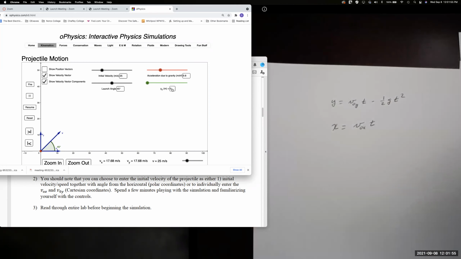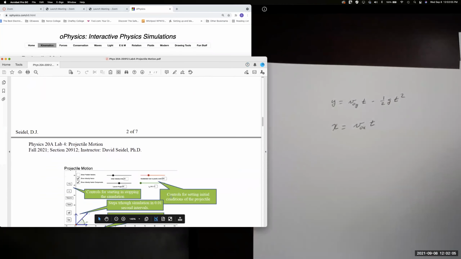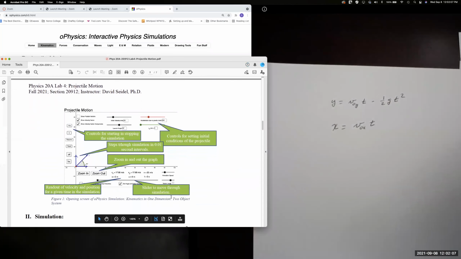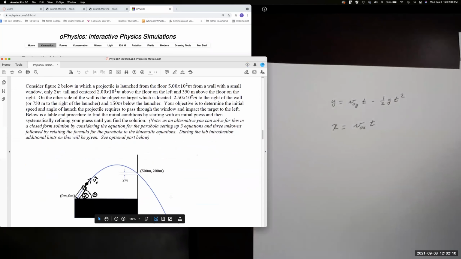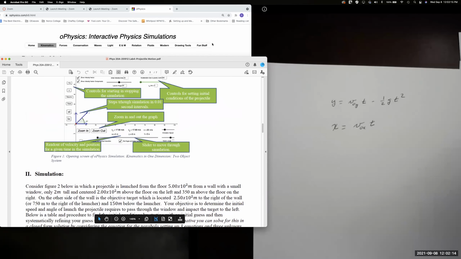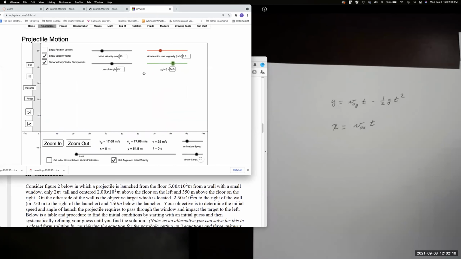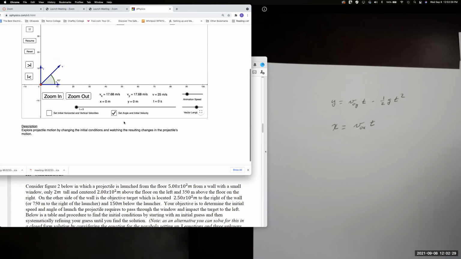At least that's my recommendation. You could in principle make it 150 meters higher, but I don't know if you can even set it that high. It has a limit that you can only go to 100. So we're going to keep it at 0. And you're just going to have to look at the answers on the problem.